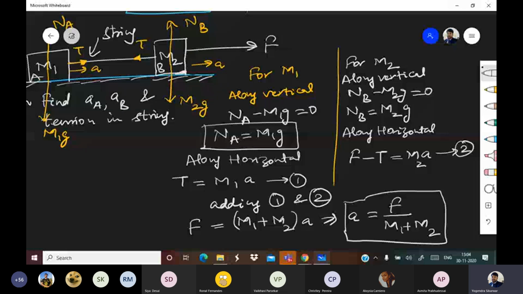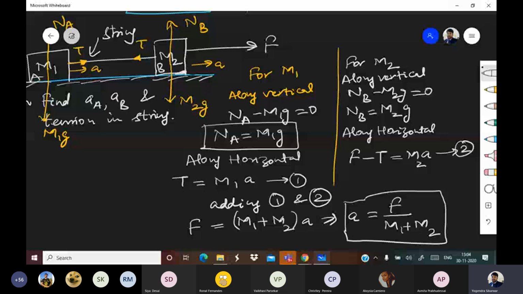A is equal to F upon M1 plus M2. So that is the acceleration. Now you can put the value of A in equation 1.